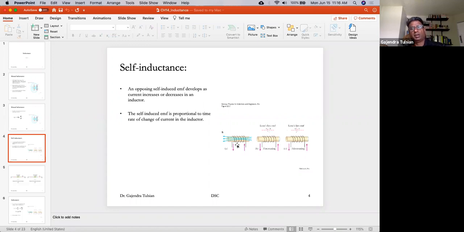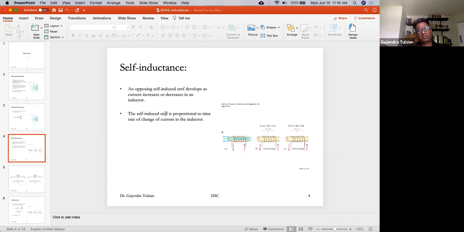So in summary, a good way to remember this is this wire which has been wound into a solenoid acquires the property that it doesn't like changes in current. If the current tries to change, this will fight it. So an opposing self-induced EMF develops as current increases or decreases in an inductor.